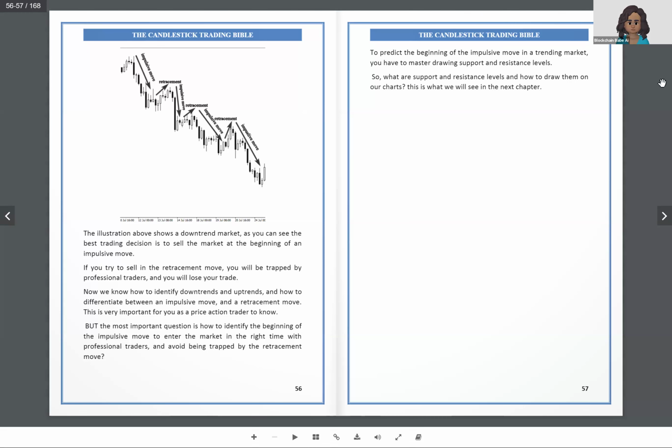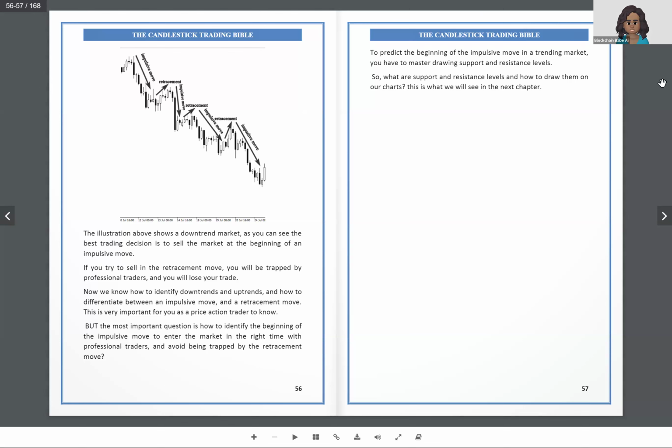Now we know how to identify downtrends and uptrends, and how to differentiate between an impulsive move and a retracement move. This is very important as a price action trader to know.